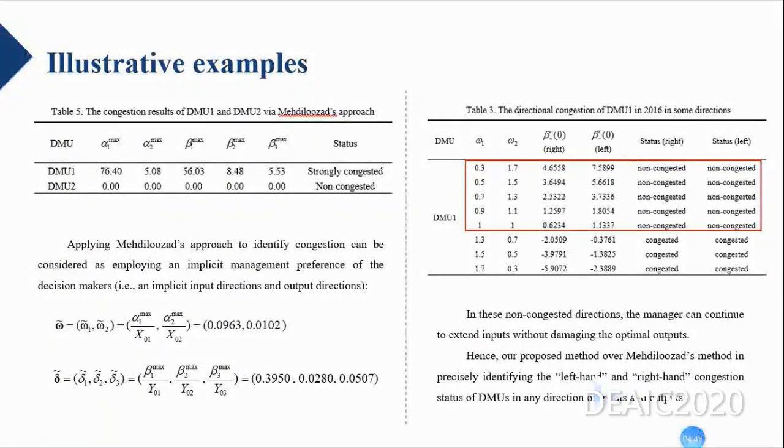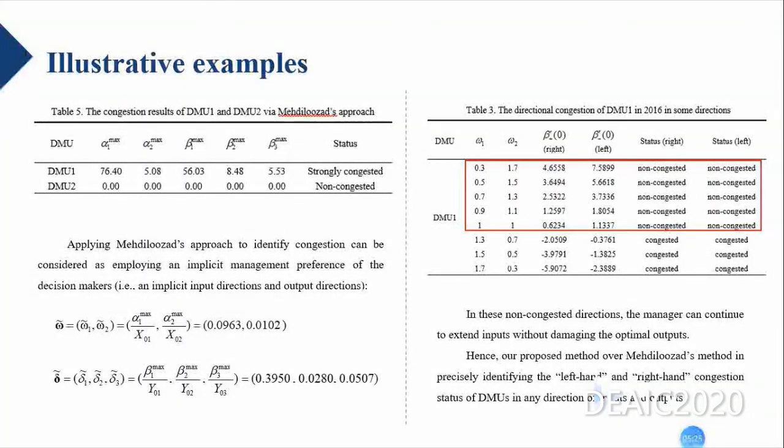Indeed, applying M's method to identify congestion can be regarded as employing an implicit management preference, that is, implicit input directions and output directions, and we can determine the implicit directions with the help of the target DMU and its non-congested benchmark, calculated by M's models.